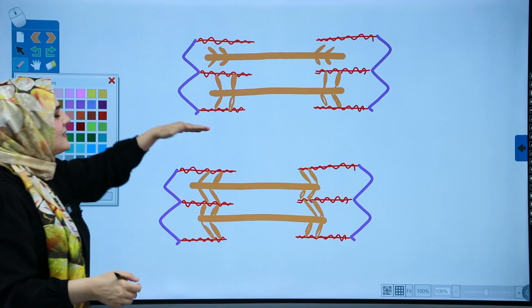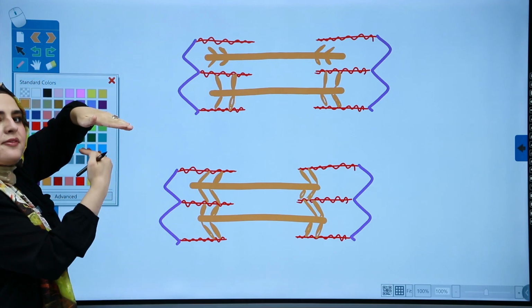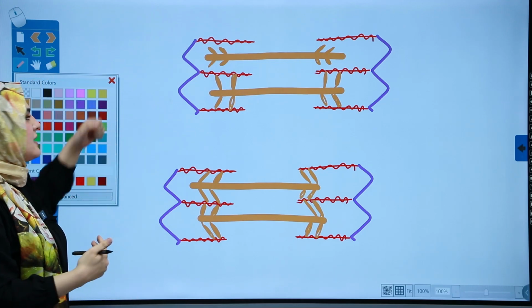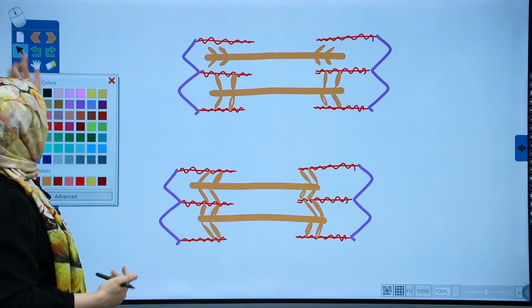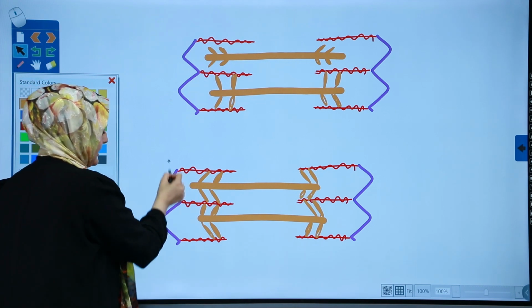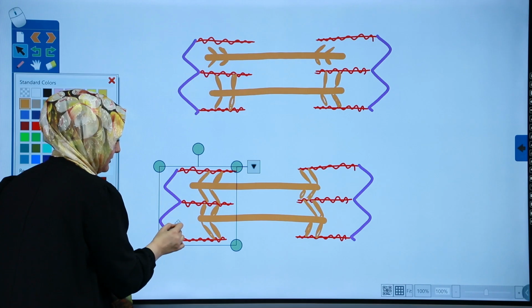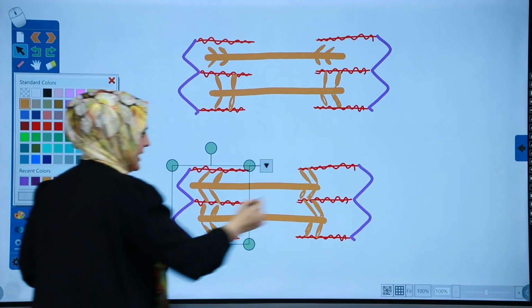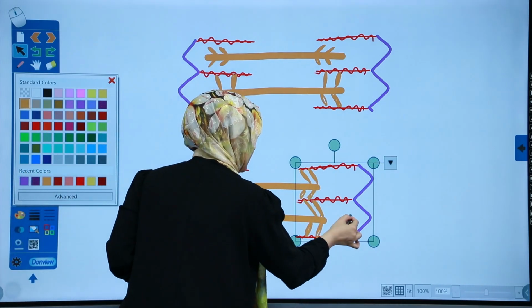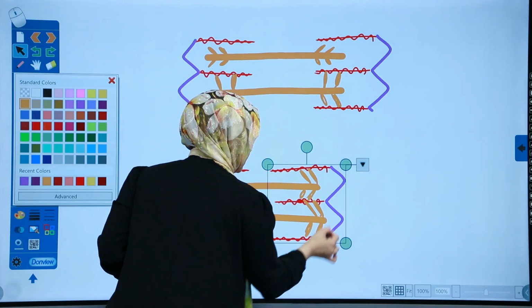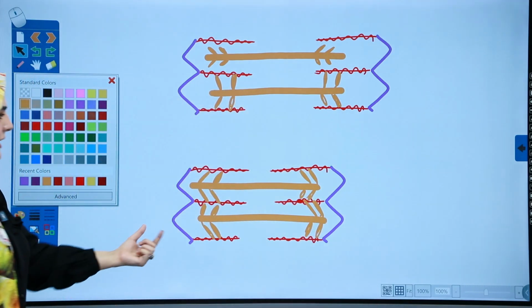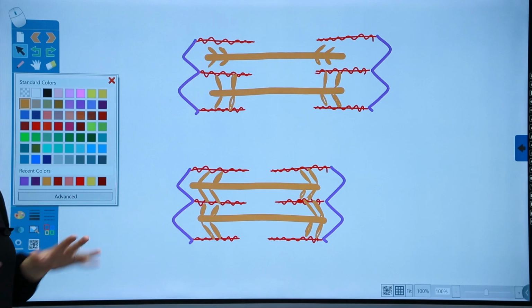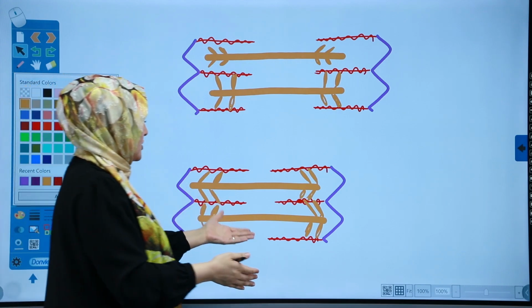So you will always see that some of the actin is above the myosin so that the heads can pull on them. Let's move these. Check this out. These heads pull this actin closer, and this side also pulls the actin closer. What do you see? Isn't this a shorter sarcomere? It is a shorter sarcomere.